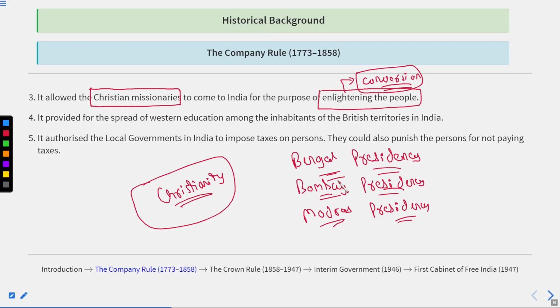All the inhabitants living in these British territories were now supposed to attend Western education. All right.